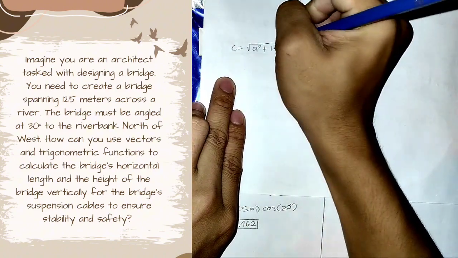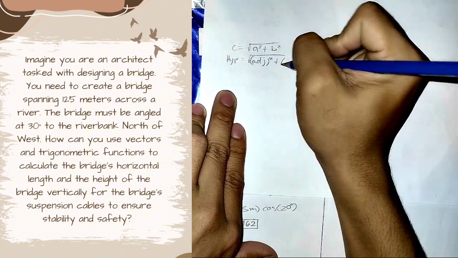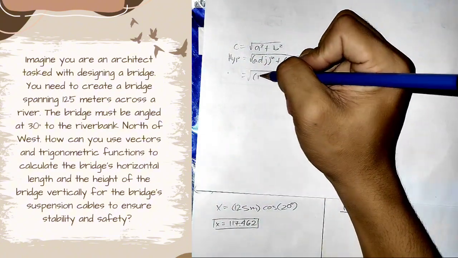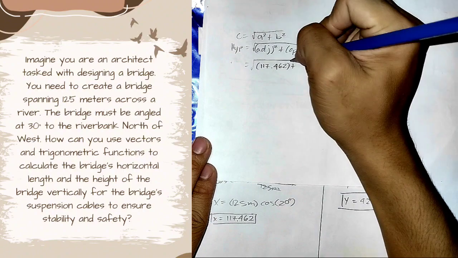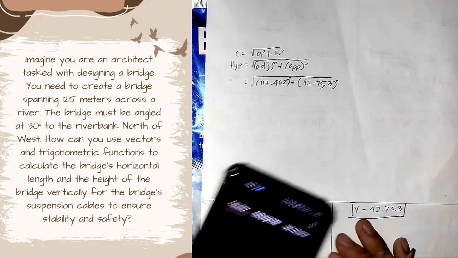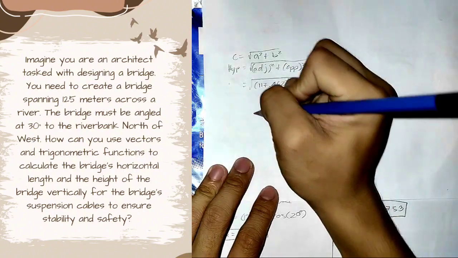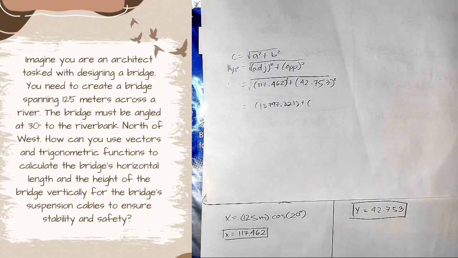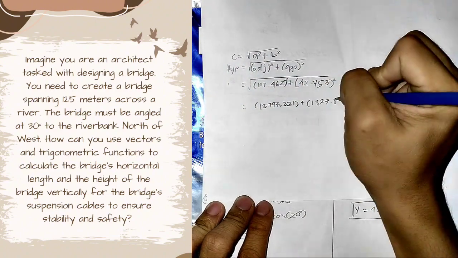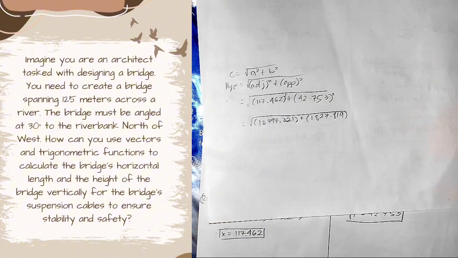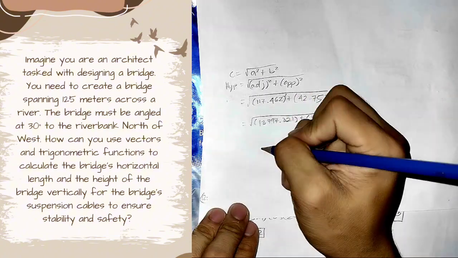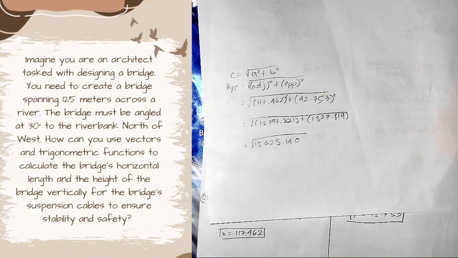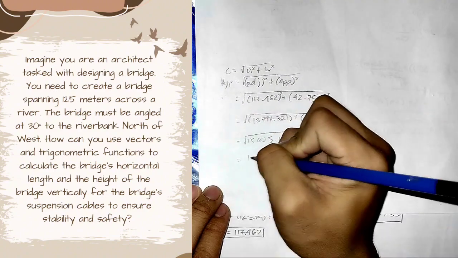Let us now check if our answers are correct using the Pythagorean theorem. Now using the calculator, we get the value of the hypotenuse, which is 125. Therefore, the values of the x and y components that we solved are correct.